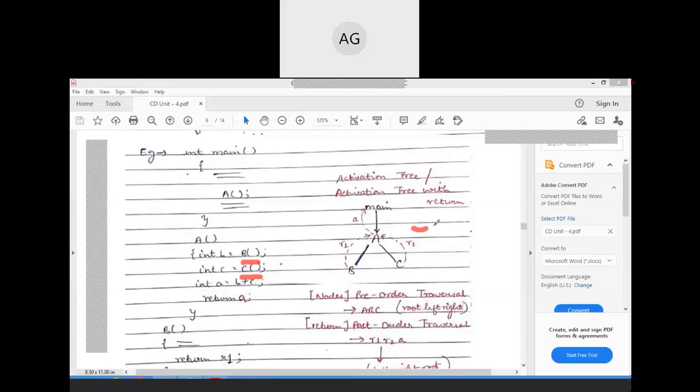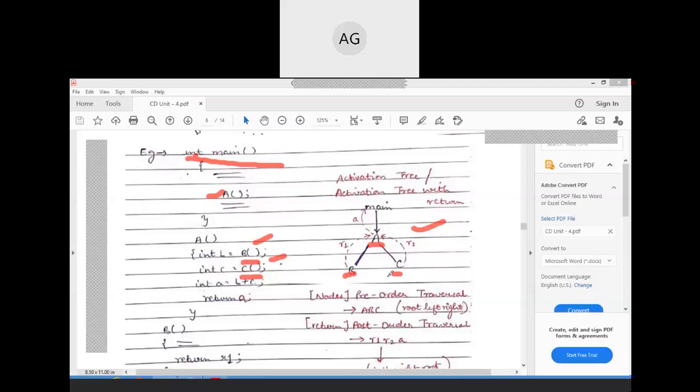So this tree we are going to make. As you can see, in the main program we have only the function a. The main program is dealing with only the function a, and the value of the a function is dependent on the value of the b function as well as the c function. So b and c are the children of this parent.